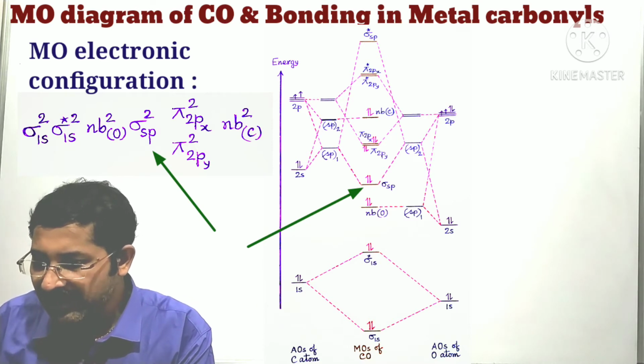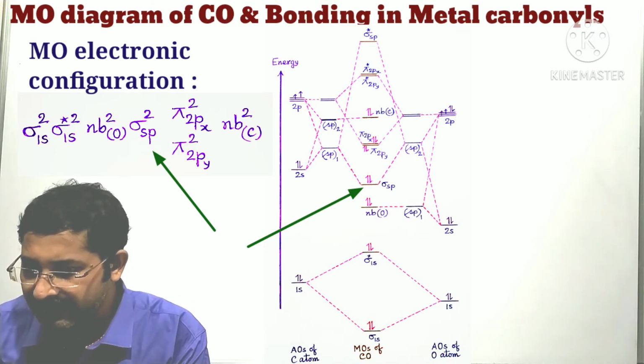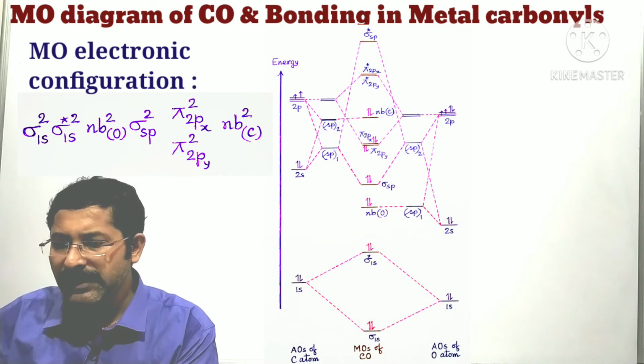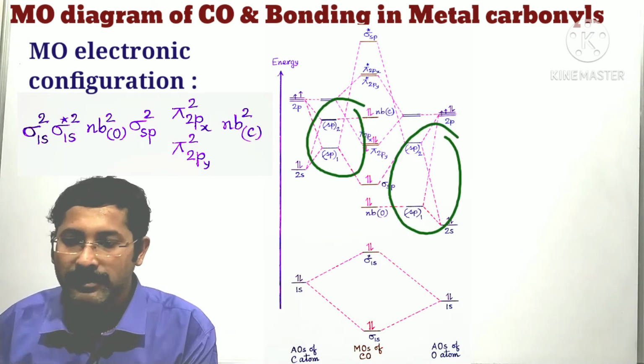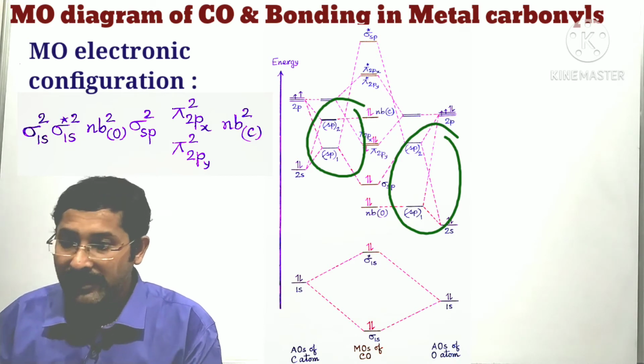The reason behind it is that if this mixing of s and p orbitals had not happened, then what would have happened?